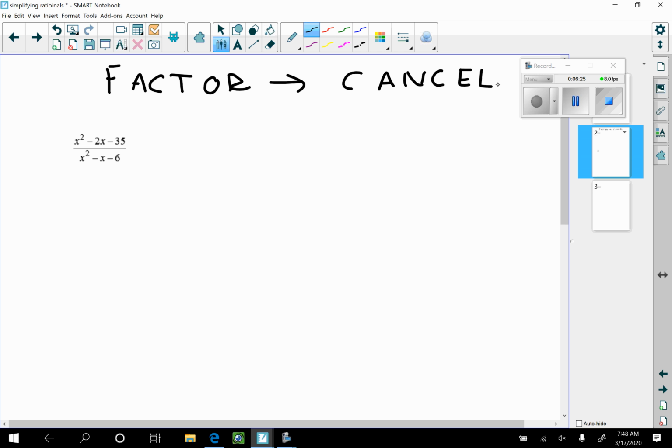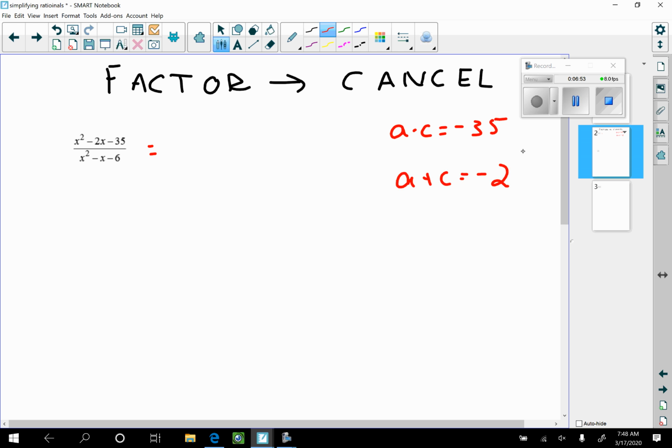So I need to factor this top thing, x squared minus 2x minus 35. To start off, some of these factorizations are going to be pretty easy. To review the AC method, a times c is negative 35, and a plus c would need to be negative 2.